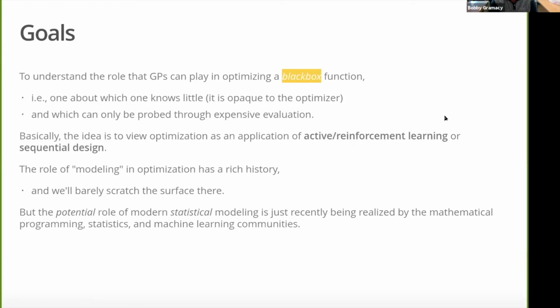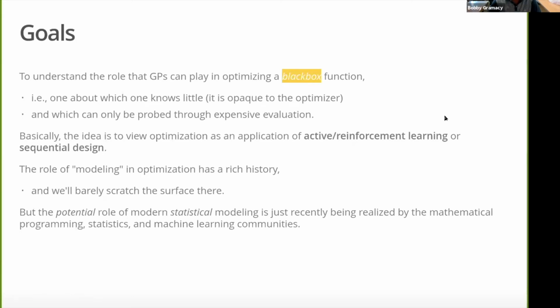The only way that you can learn about how that function behaves is through presumably expensive evaluation. I think about it as running a computer code. Evaluating the function engages a computer, maybe a supercomputer, and I get the output y equals f of x, after great computational expense, maybe in money and in time.